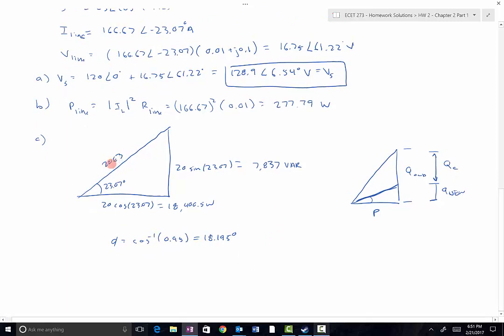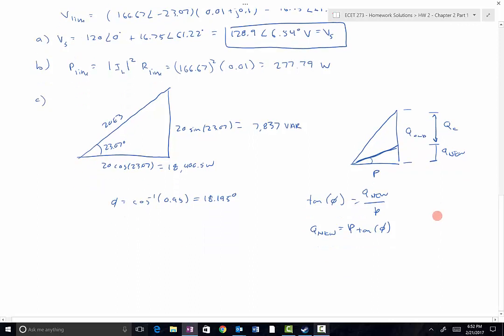So to calculate what the new Q is, we have to know that the relationship between P and Q has to be given by this angle right here. And what's the relationship in that right triangle between the opposite and the adjacent? Well, that's given by the tangent. So the tangent of phi is opposite, which is Q new, over P. So I can determine the new Q from the old P times the tangent of the new power factor angle that I just calculated.